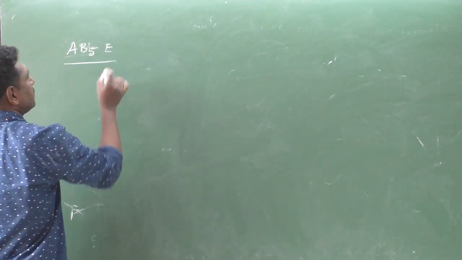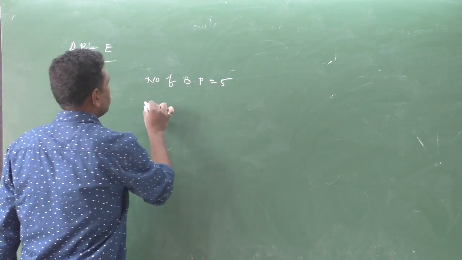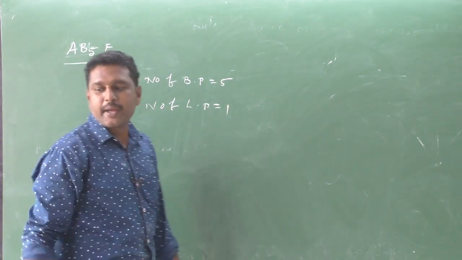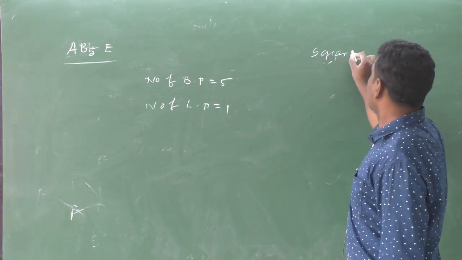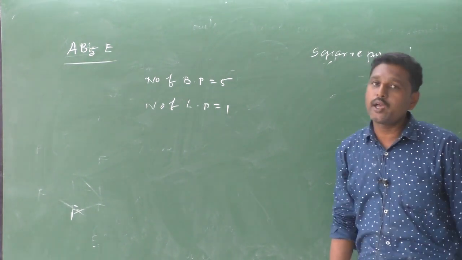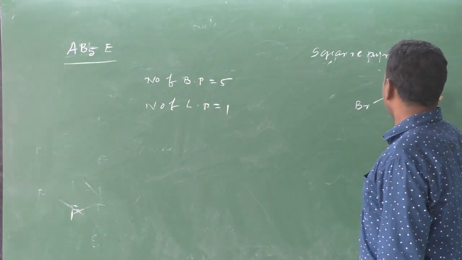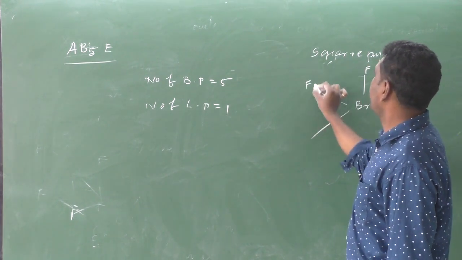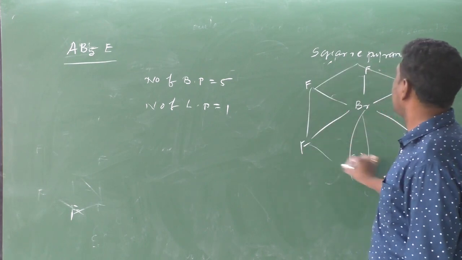Number of bond pairs is 5, number of lone pairs is 1. The shape is square pyramid. Here Br, F, F, F, F, and here 1 lone pair, like this is the structure.